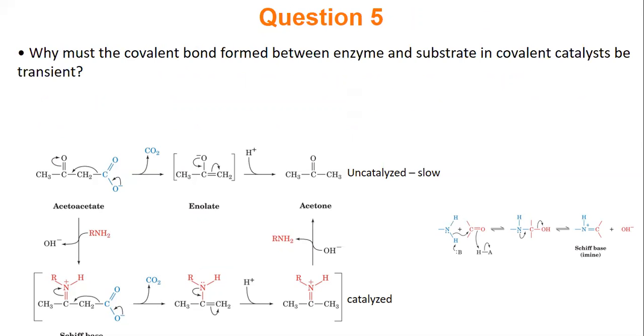So here's a question, and I'll see if anyone can answer this. Why, when we form a covalent bond between the enzyme and substrate, does it need to be transient? Remember, if you don't quite know what that word means, why does it need to be temporary?